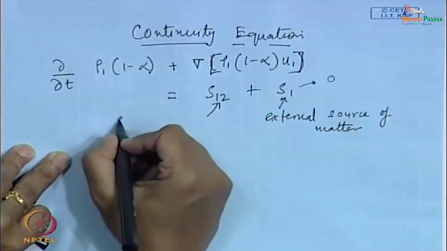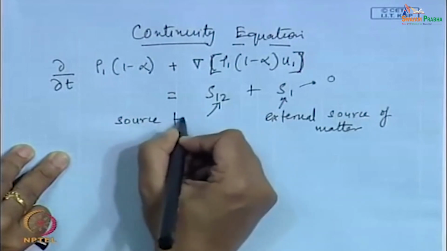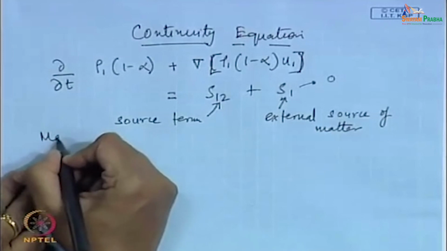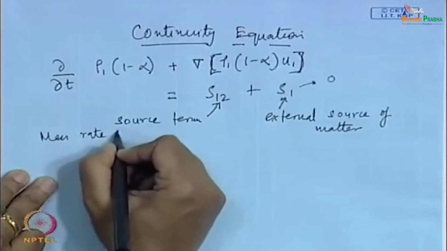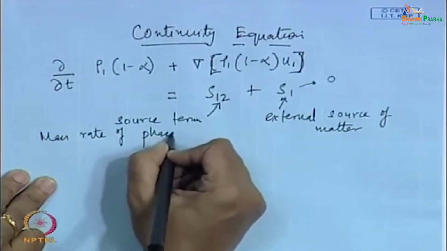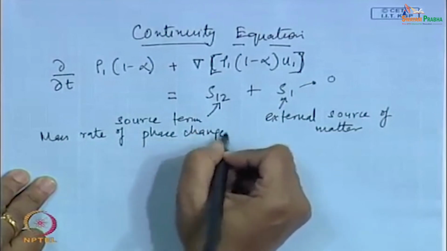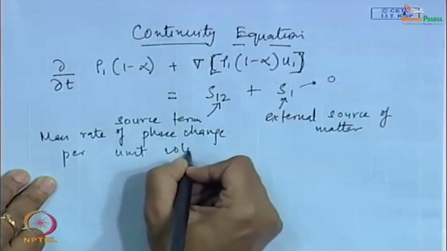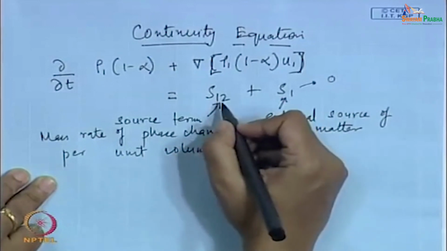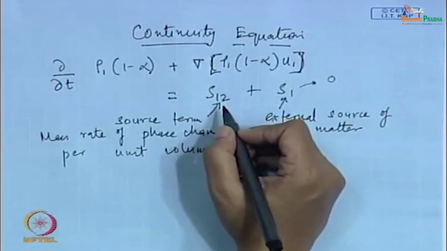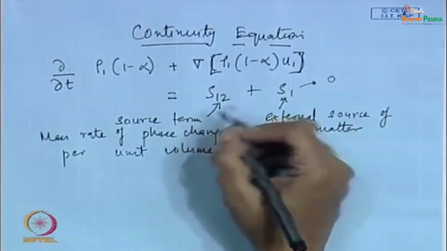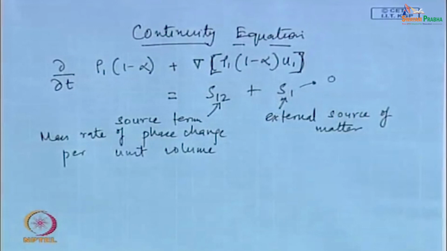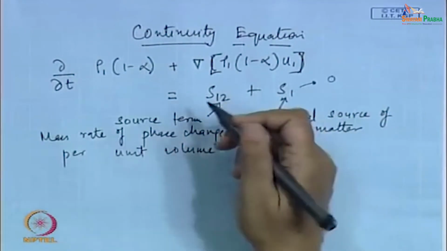This is known as a source term, and represents the mass rate of phase change per unit volume. That means it tells us the amount of mass which goes from phase 1 to phase 2 or vice versa, as a result of phase change, as a result of mass transfer, it can be anything.